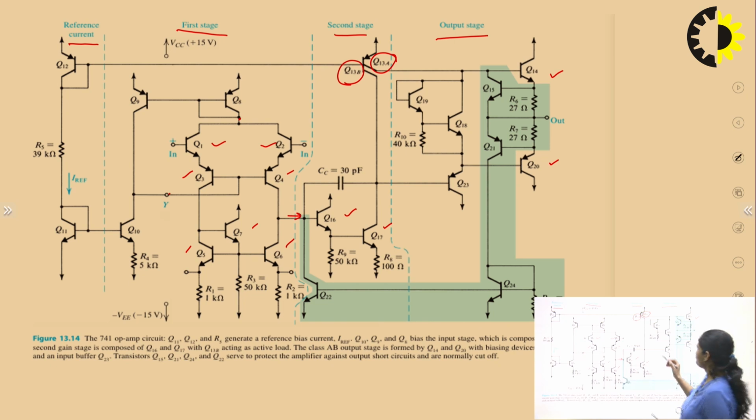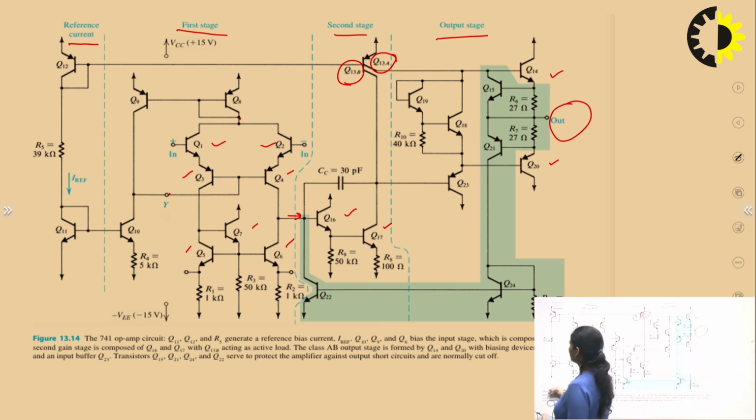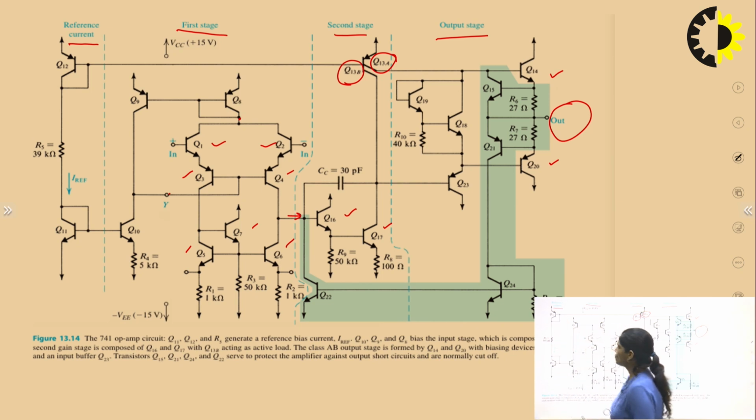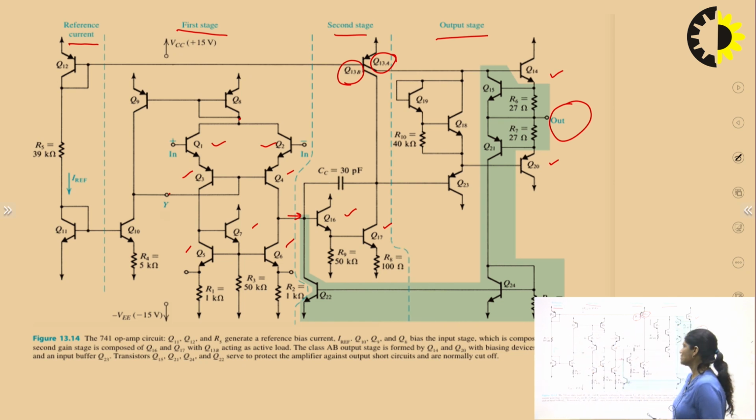Now here, output is provided at this stage, and this is a reference current circuit where transistors Q11 and Q12 are present. So bias current is provided to this input stage from this reference current stage.